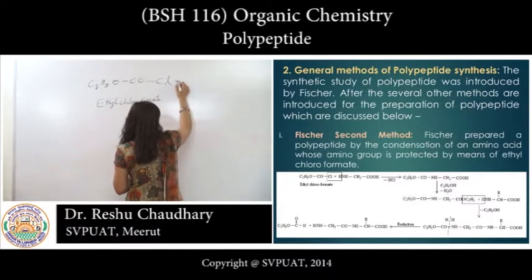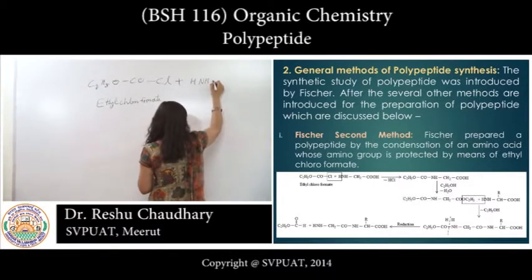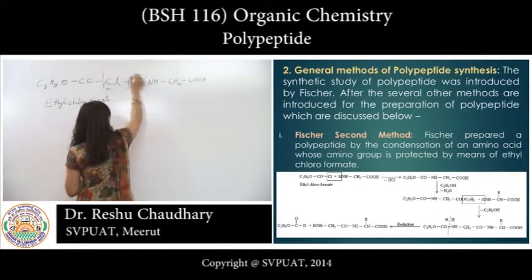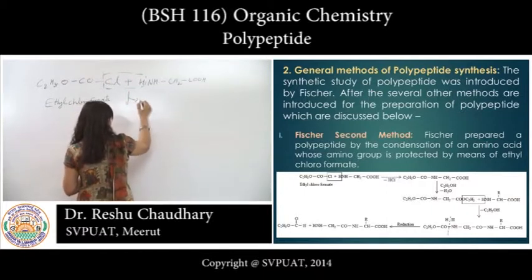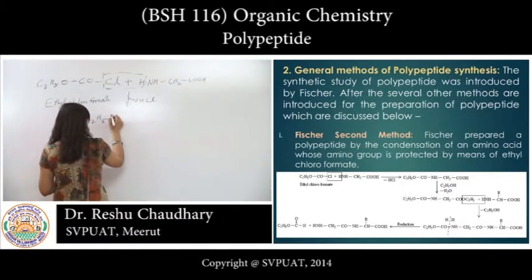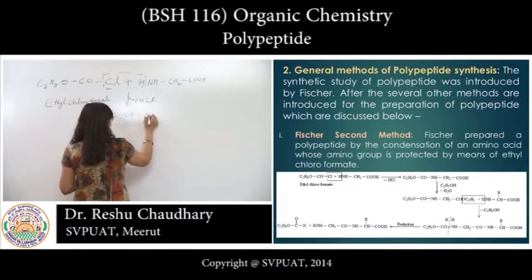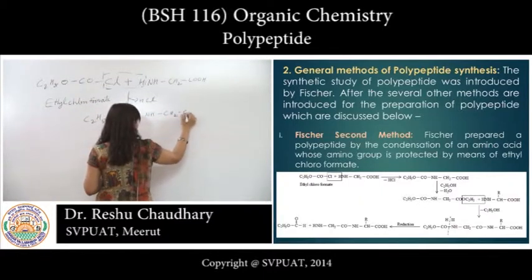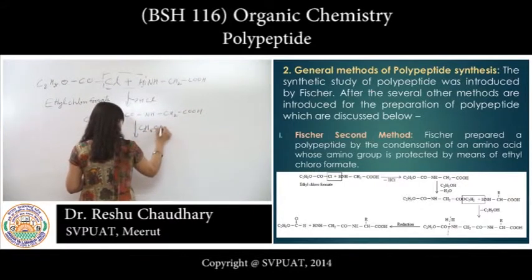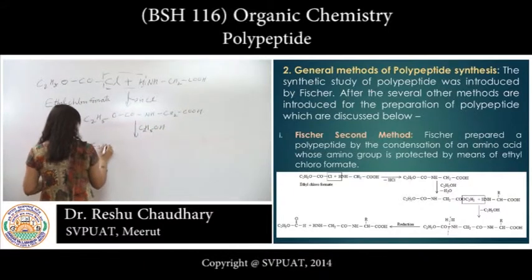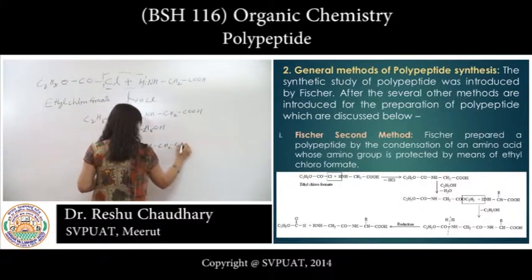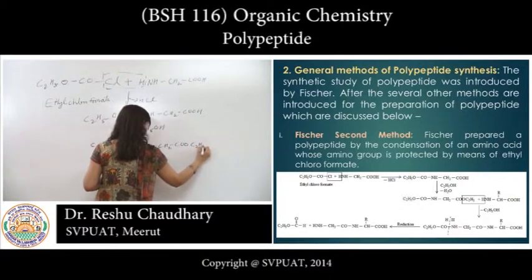When it reacts with one amino acid, then this Cl and this hydrogen come out, and the formation is of C2H5O, CO, NH, CS2, COH. When it reacts with C2H5OH, that is ethyl alcohol, then C2H5O, CO, NH, CS2, COO, C2H5.